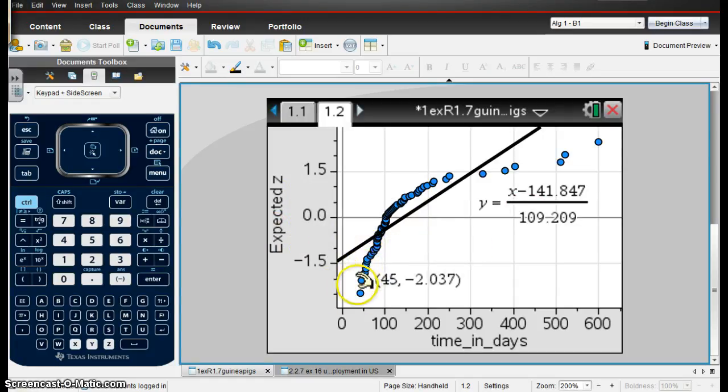Indeed, we have a very severe departure down in here, and then it goes above the curve here. So that would say that these guinea pig death data are not well modeled by a normal distribution. I hope that this helps increase your understanding, and I will see you soon.